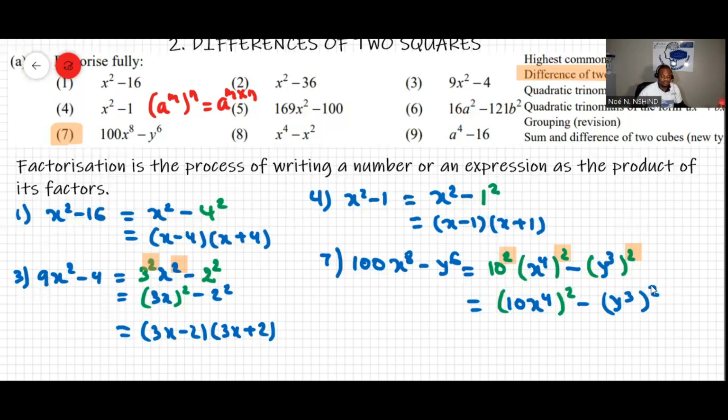Now we have a difference of two squares, because 10x to the power of 4 all to the power of 2 is a square, and y to the power of 3 to the power of 2 is also a square. Then we can apply our formula for the difference of two squares. It's going to be (10x to the 4 minus y to the 3)(10x to the 4 plus y to the 3).